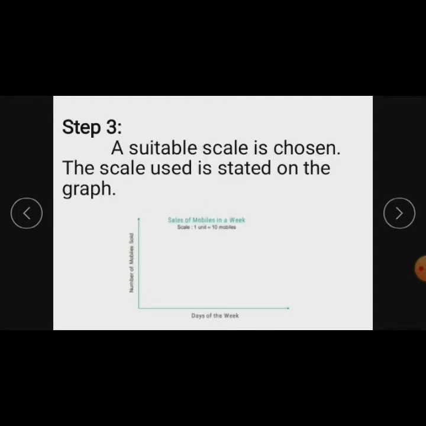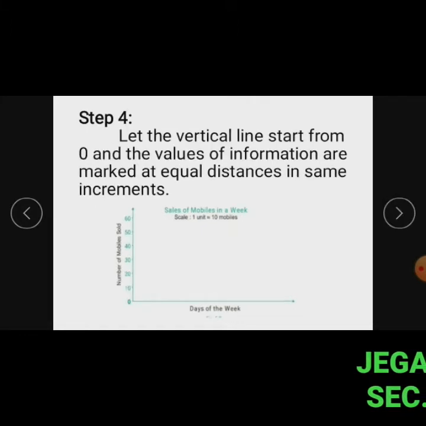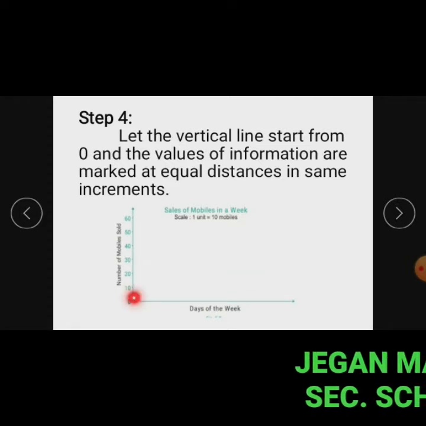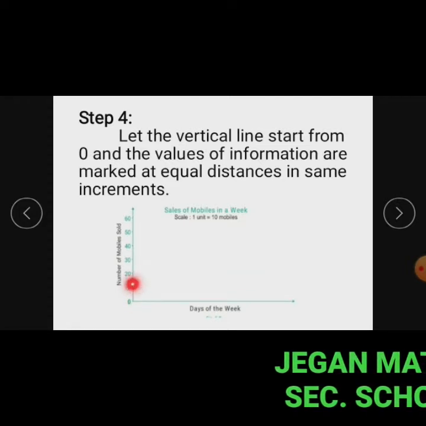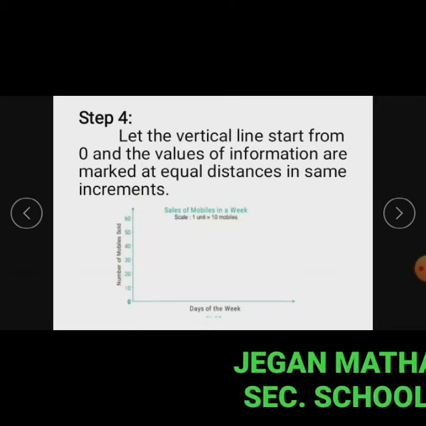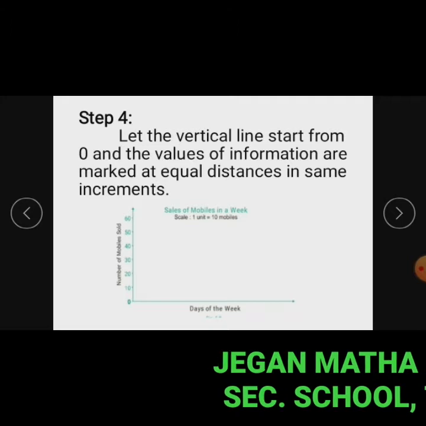Step 3. A suitable scale is chosen. The scale used is stated on the graph. Step 4. Let the vertical line start from 0. The values of information are marked at equal distances in some increments.